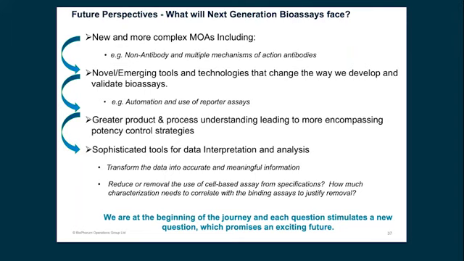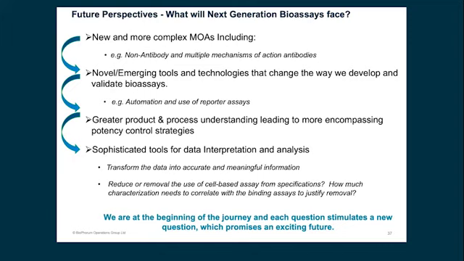Some antibodies have up to 3 or 4 mechanisms of action, all of which must be represented, or should be represented, with a cell-based assay. There are also novel and emergent tools coming forward, such as the automation of platforms. This has driven a higher throughput, and in combination with reporter assays now leads to a more robust assay performance, which can be used in the next section for greater product understanding.